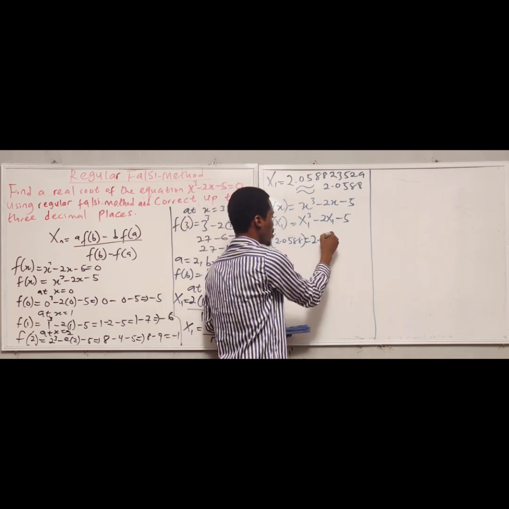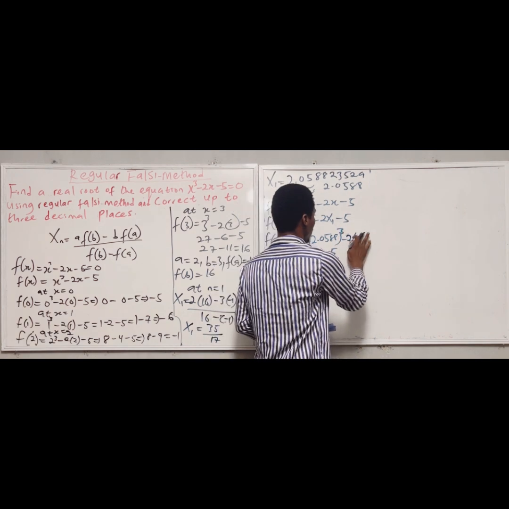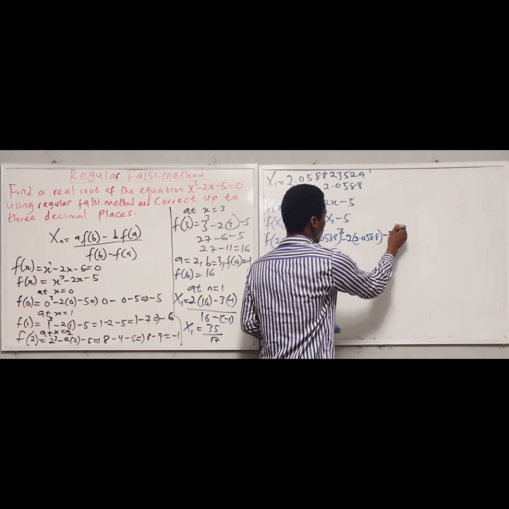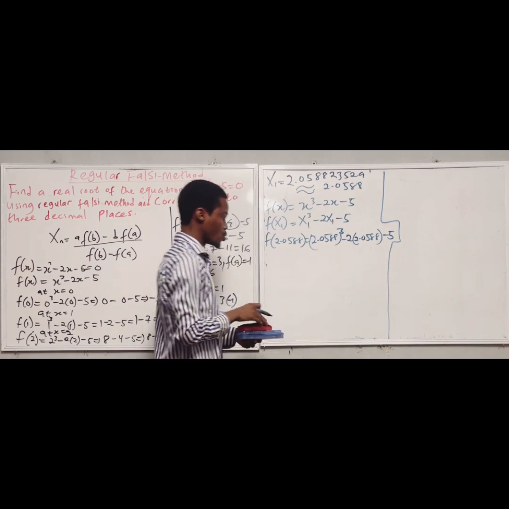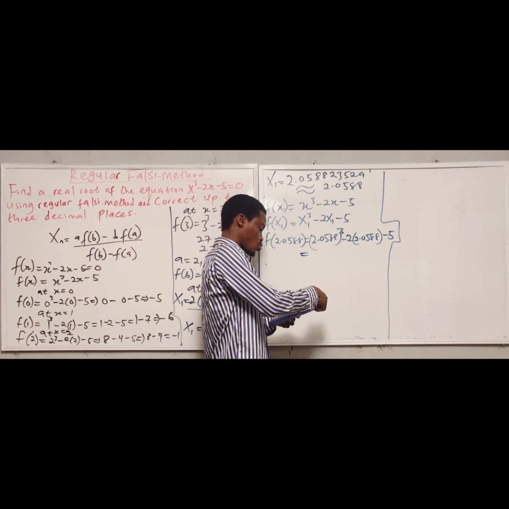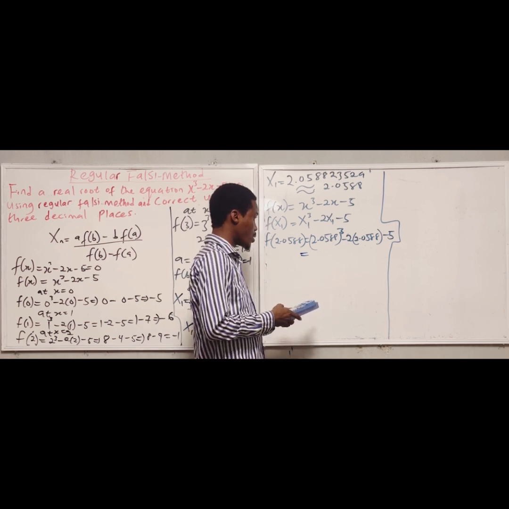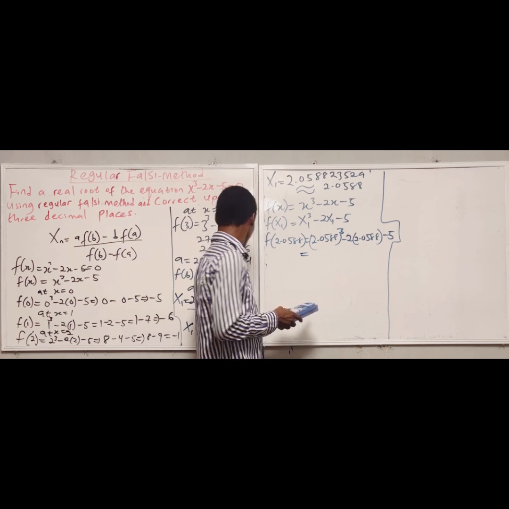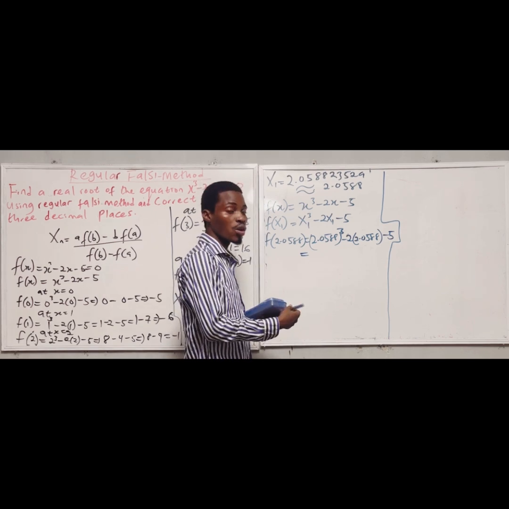I'm going to have 2.0588 to the power of 3 minus 2 times 2.0588 minus 5. So let me solve this. So I have minus 0.3.